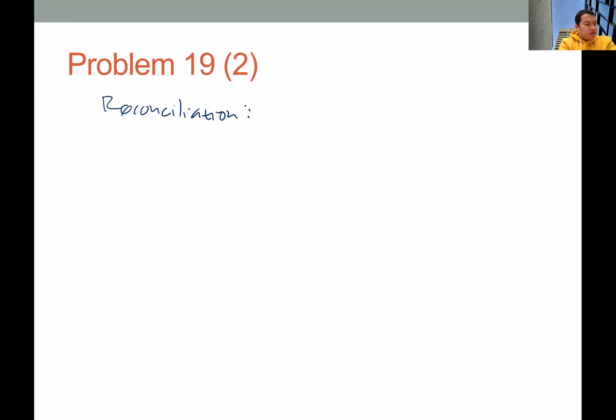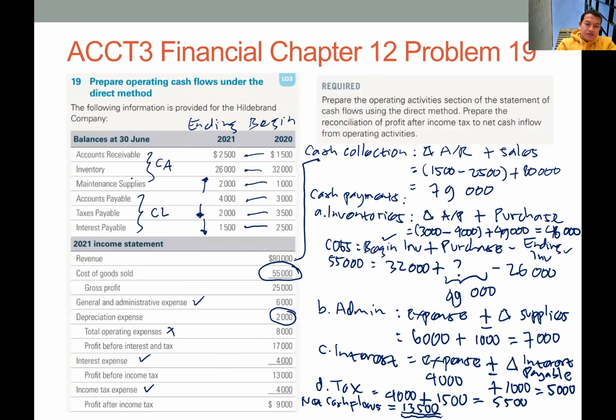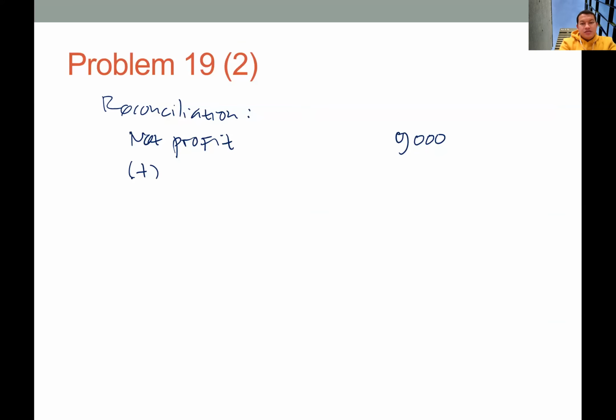So we will start with the net profit of this company, which is 9,000. Then we remove the accruals. Do we have accruals? Yes, we have this depreciation expense. So we remove depreciation, 2,000.